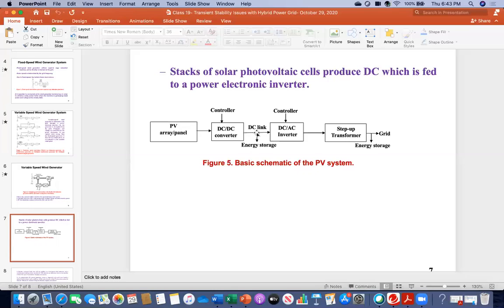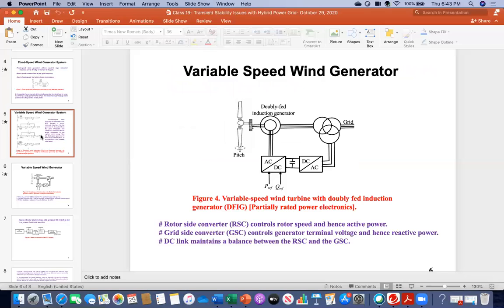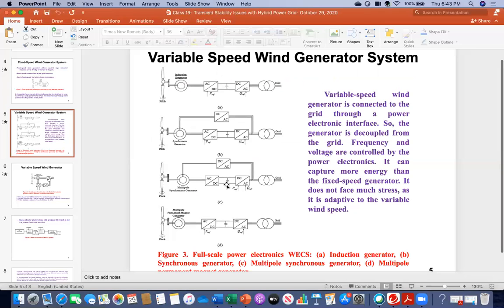You know the property of the capacitor in case of DC. It will reduce any ripple, plus it will hold the constant voltage, and also it will maintain a balance between this converter and this converter. Similar function to this capacitor. It's a balance between this converter and the right side converter.